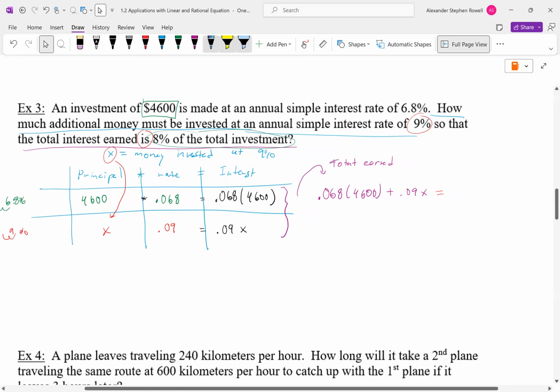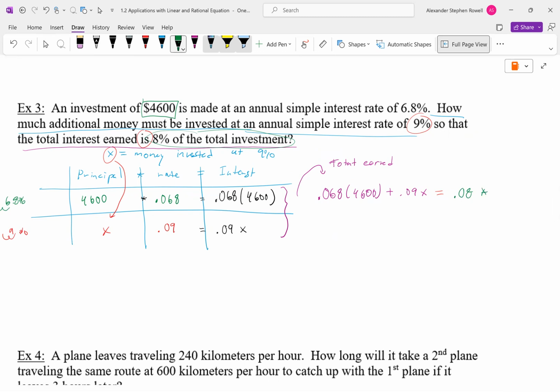So what does of mean? Times, so 8%, 0.08 times, what is my total investment? That means my total principal. So how much total money did I invest? I invested this much, 4,600 at 6.8%. I invested an unknown amount at 9%.